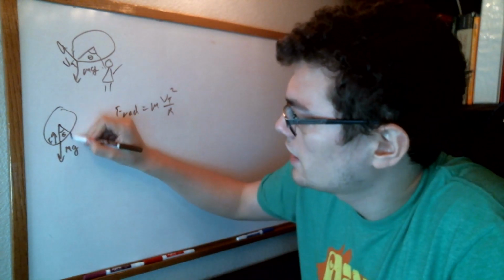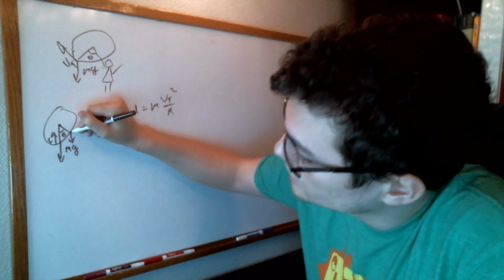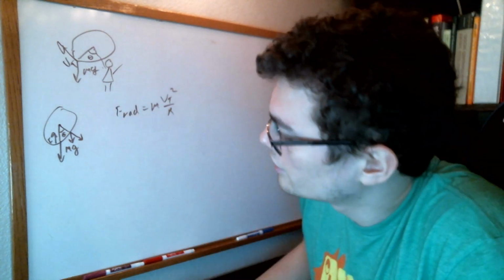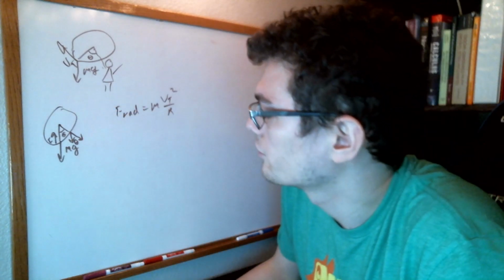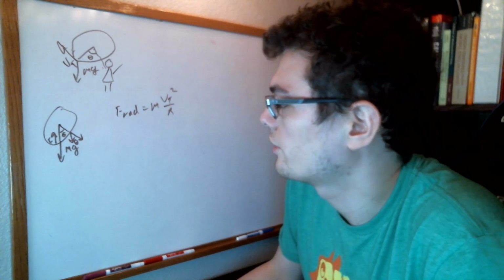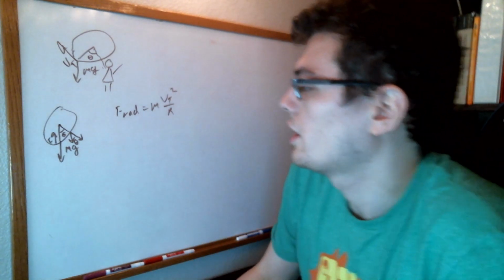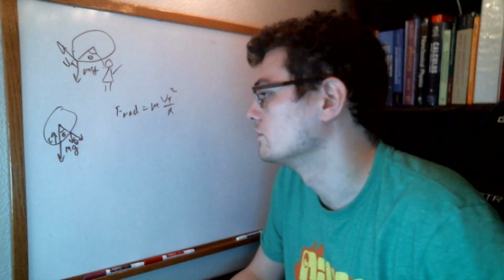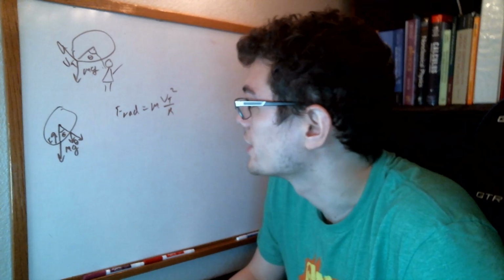But mg now over here at the angle theta is pointing in this direction, and so this force here, in order to account for them being lined up, has an angle theta, and so we'll have to draw a triangle here and use our trigonometric identities to find what the force is there.